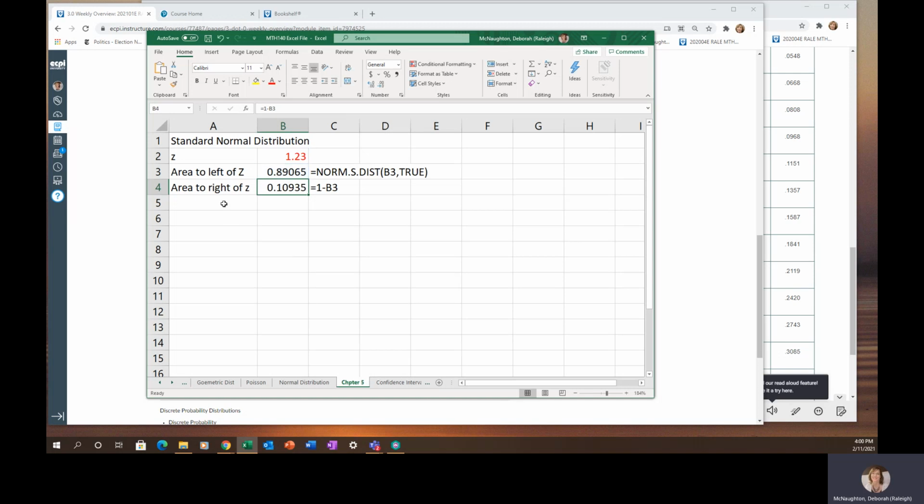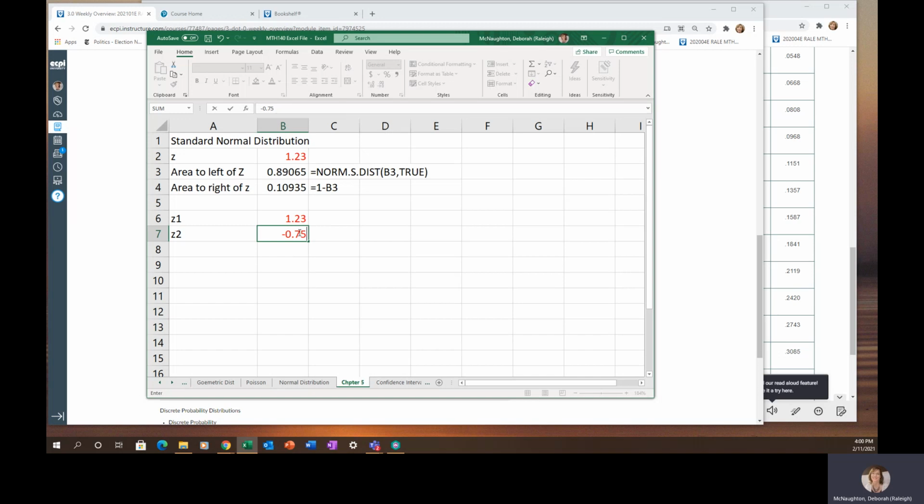And then if I want the area between two of them, I'm going to call them Z1, and I'm going to put in 1.23. And then I'm going to put in Z2, and that one's going to be minus 0.75. I'm copying this just so I don't have to change it to red.